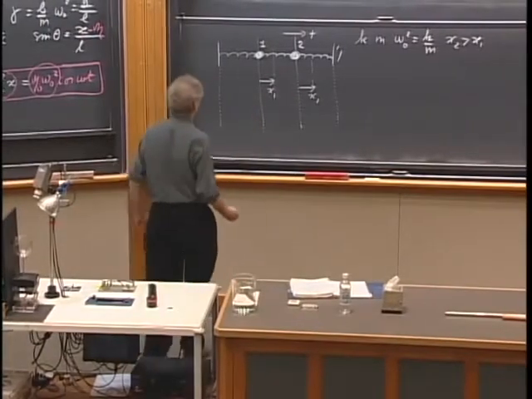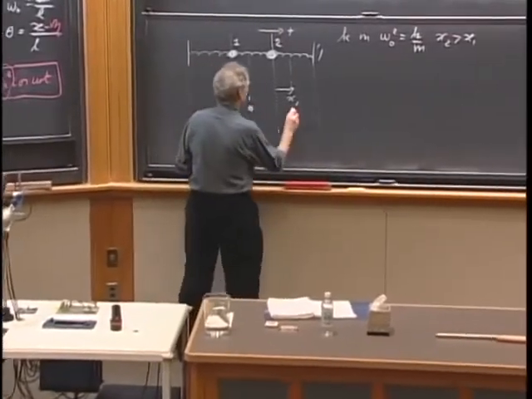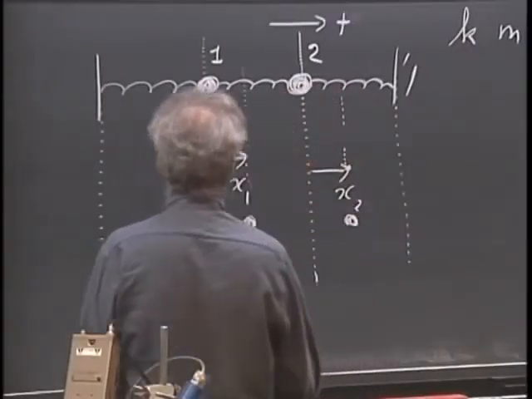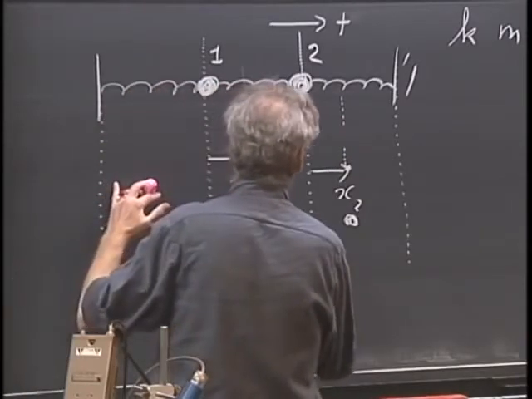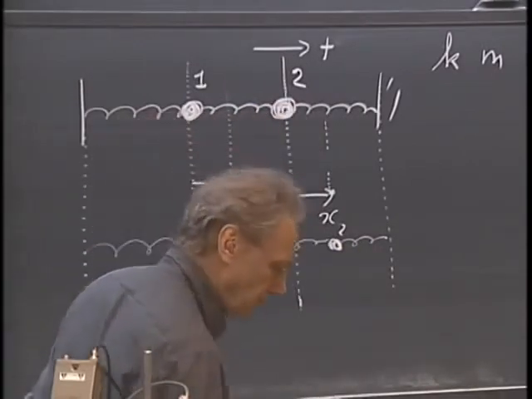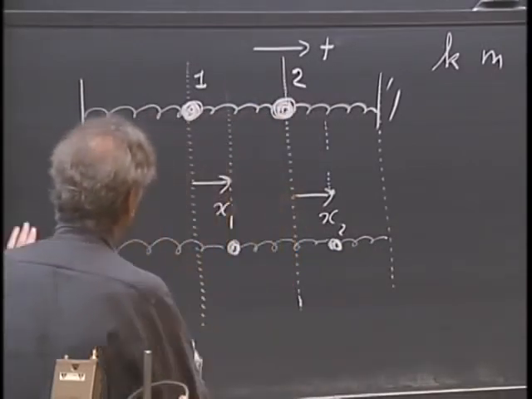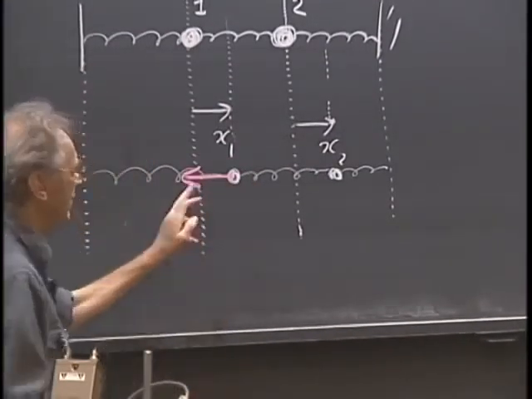Now follow me closely. We have an object here, and an object here, and this is one spring, this is the other spring, and this is the third spring. It is immediately obvious that this spring is longer than it wants to be, so there is a force that drives it back to equilibrium.